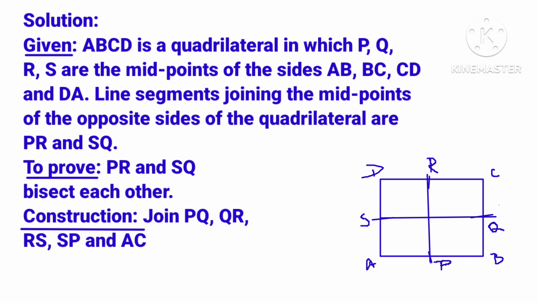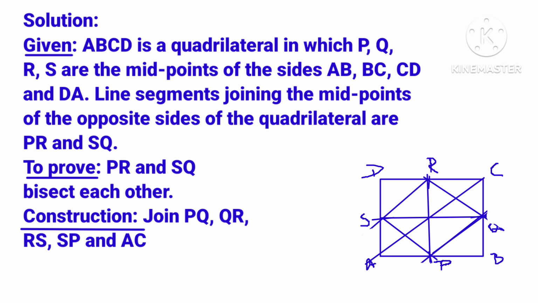Join PQ, QR, RS, SP and AC. I join these lines because I want to prove that PQRS is a parallelogram and PR and SQ are the diagonals of the parallelogram PQRS.